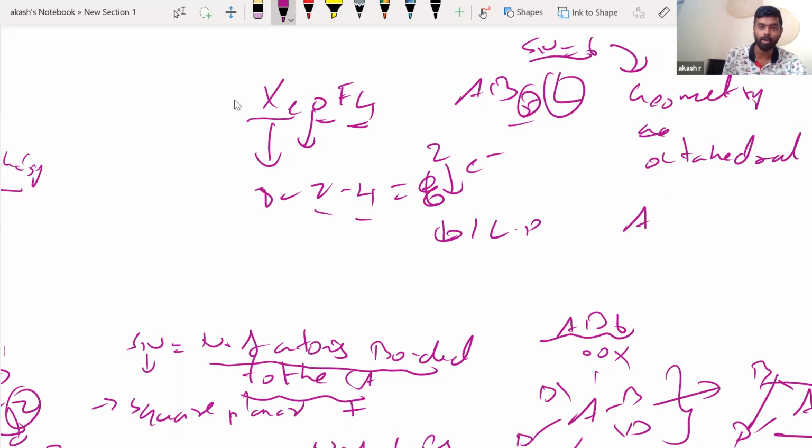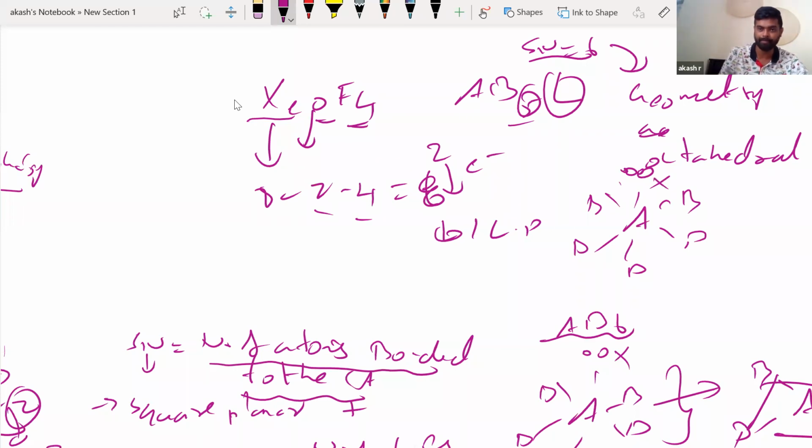Now octahedral, I know how it will look. B, B, B, B, B, and B. It is not AB6, it is AB5L. So you will just replace one of the bonding atoms with a lone pair.